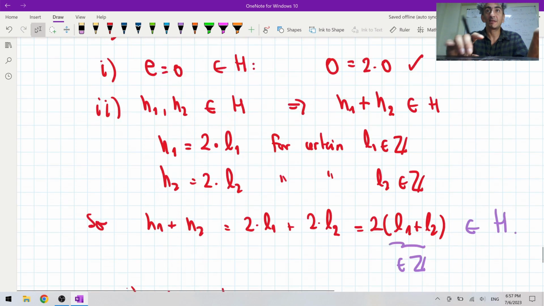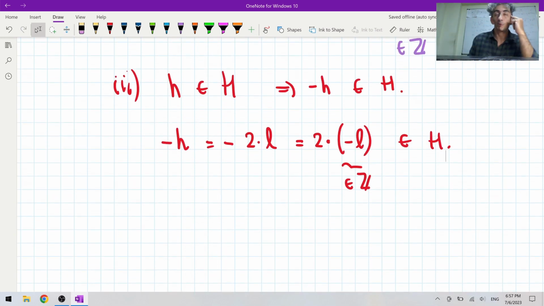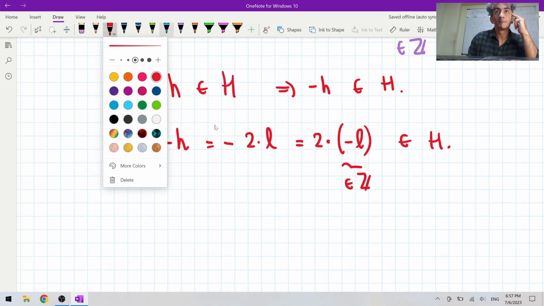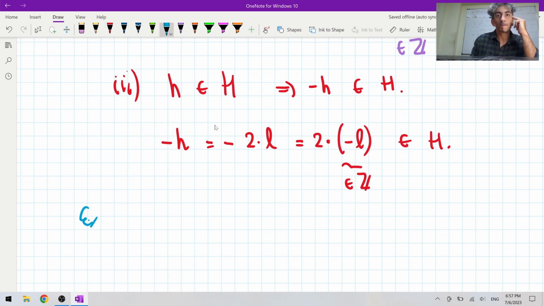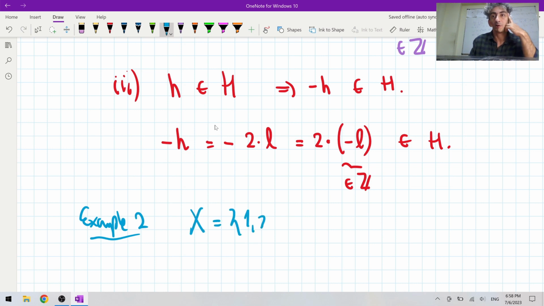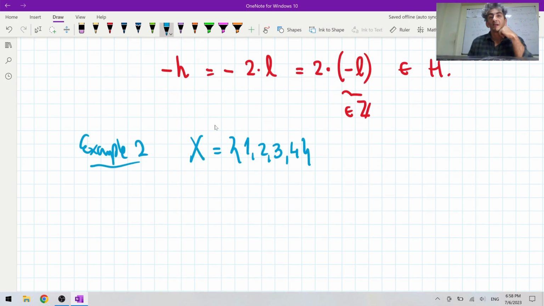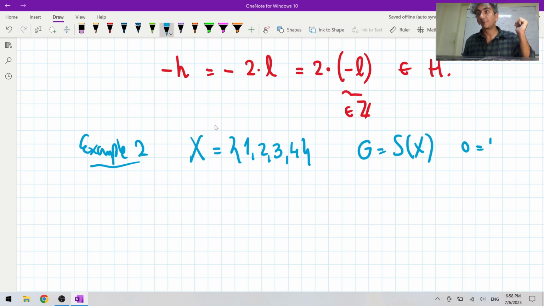Let's make a more involved example. Example 2. Let's fix X as the set 1, 2, 3, and 4. In this case, we have the group G of transformations of X, that is the bijections from X to X. The operation is going to be function composition, right?